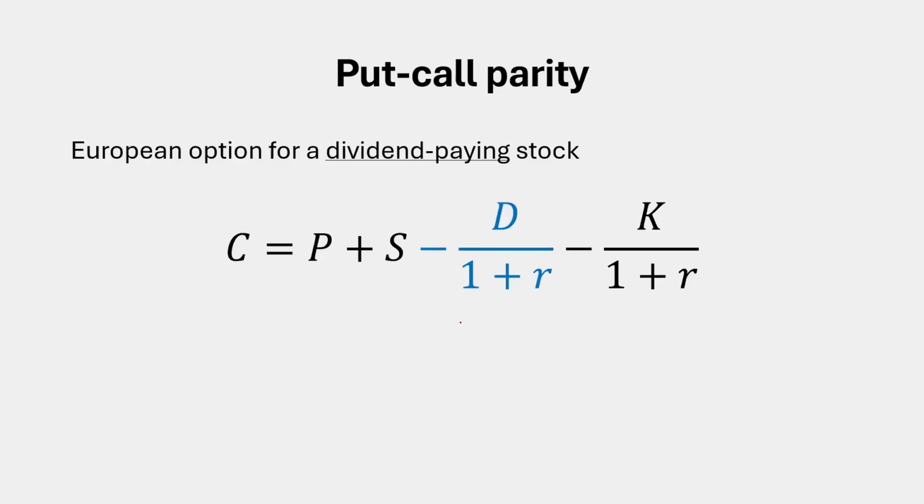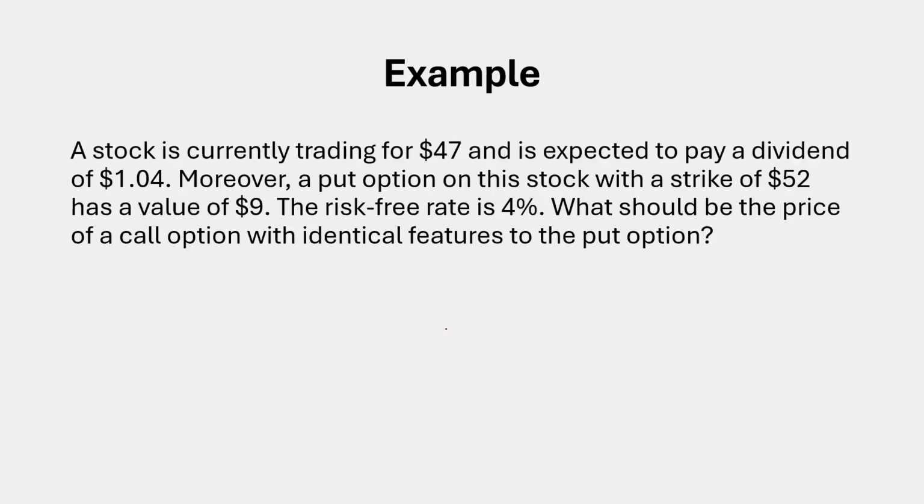Nothing else changes. Now we can revisit our previous example, and every input is exactly the same, except that now we incorporate a dividend payment of $1.04 per share. So let's see how the price of the call option will be affected when we introduce this dividend.